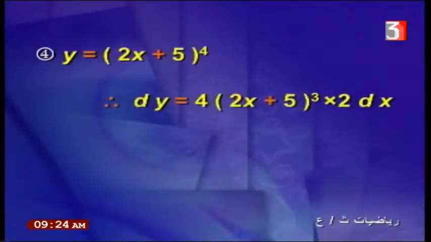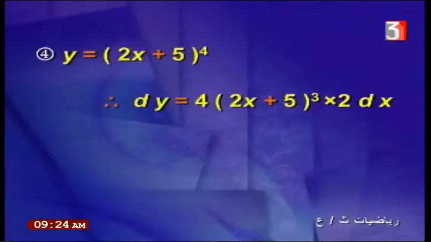Number 4, y equals 2x plus 5 between two brackets all to the power 4. The differentiation of y is dy, and the differentiation of the bracket 2x plus 5 all to the power 4 equals 4 multiply 2x plus 5 all power 3 times the differentiation of the function inside the bracket.